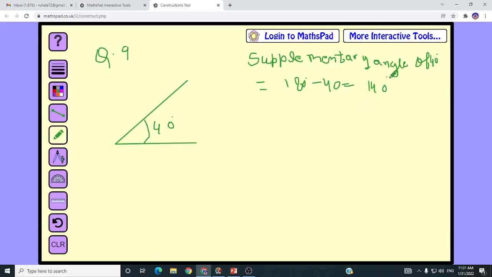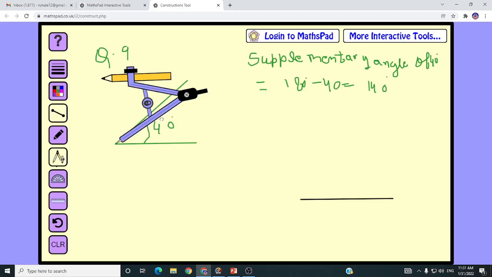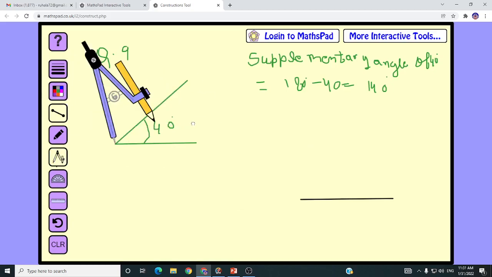What we have to do is copy this supplementary angle with the help of this angle. So first of all, draw a line, take the compass, put it here, make an arc.